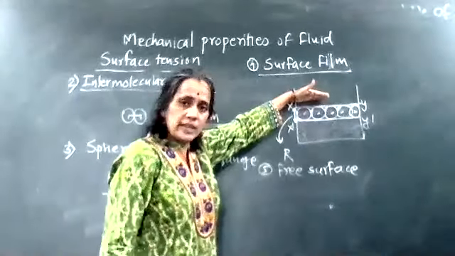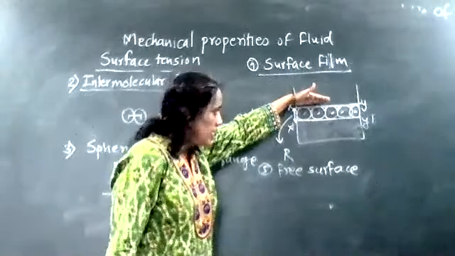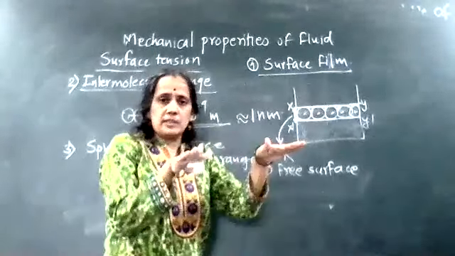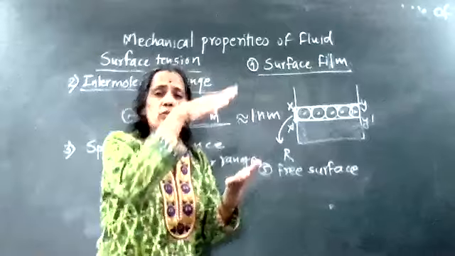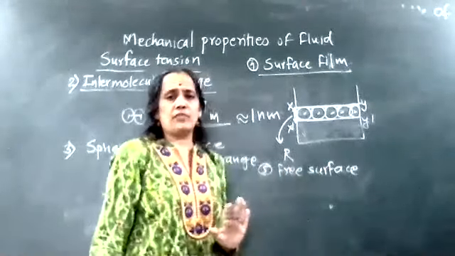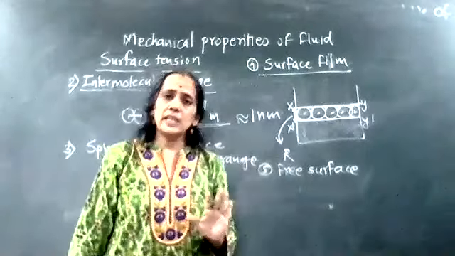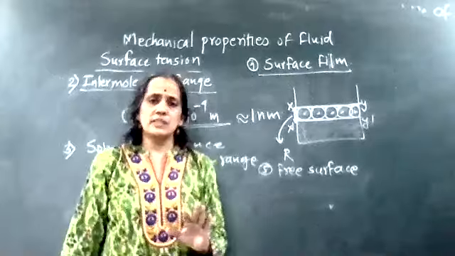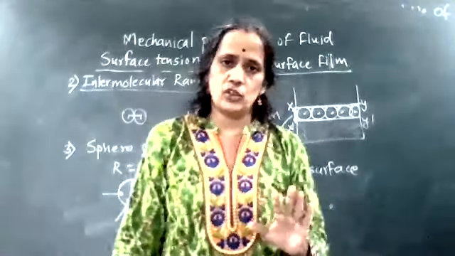Above XY there is the presence of air molecules, below XY there is the presence of water molecules. The interface between the two, that layer, is to be called the free surface. So these are the important terms you have to consider under the concept of surface tension.